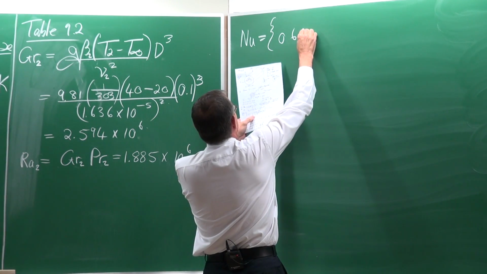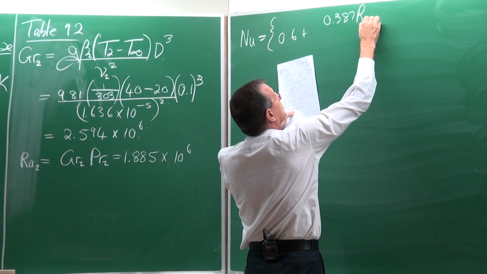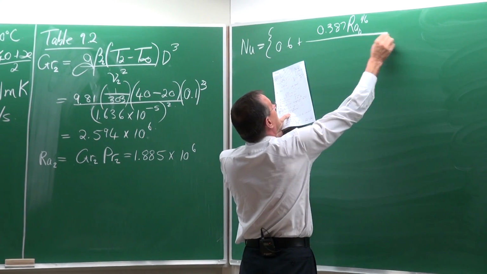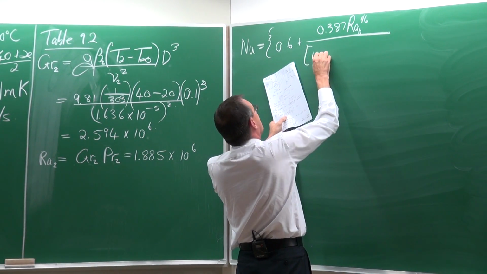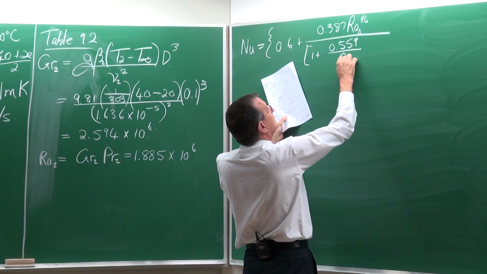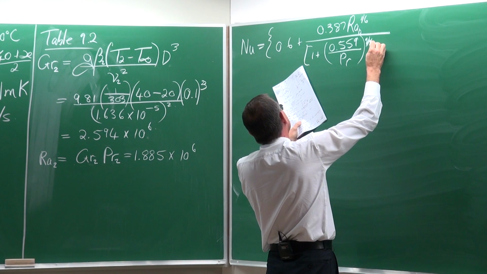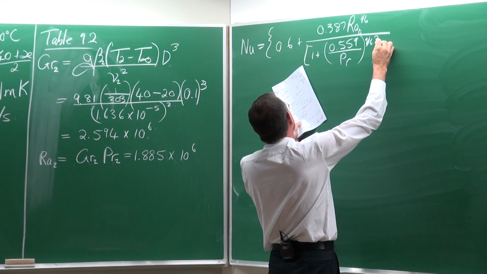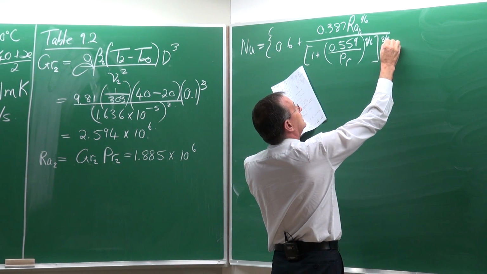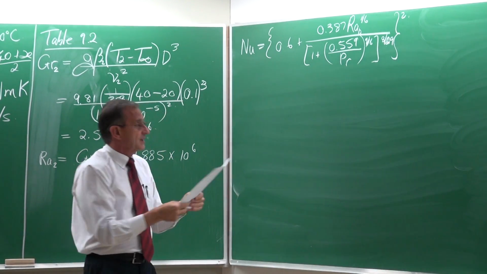It is equal to 0.6 plus 0.387 multiplied by the Rayleigh based on the diameter to the 1/6 divided by 1 plus 0.559 divided by the Prandtl, everything to the 9/16, and then all that closed in brackets to the power of 8/27, and then everything to the power 2, something like that.